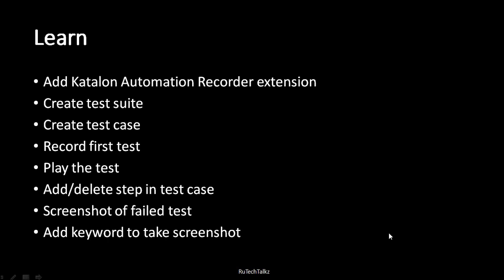In this session of Katalon Automation Recorder, we have learned how to add the Katalon Automation Recorder extension, how to create a test suite and test case, how to record the first test case, how to play the test, how to add a new step in the test case or delete a step in the test case, how to check the screenshot of the failed test case from the log or screenshot tab, and add a keyword to take a screenshot.